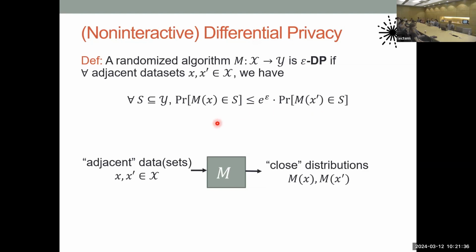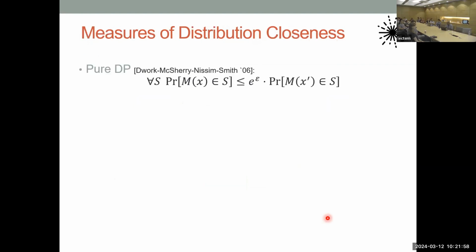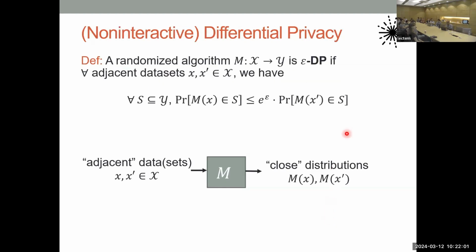All right. At a high level, a generalization that's useful to think about is that differential privacy requires that adjacent data sets, ones that differ on one individual's data, get mapped to close probability distributions of outputs. And what will come up later in the talk is that the literature has produced many ways of measuring closeness between probability distributions that are useful for reasoning about differential privacy and capture more information than this one number epsilon in the most basic definition.